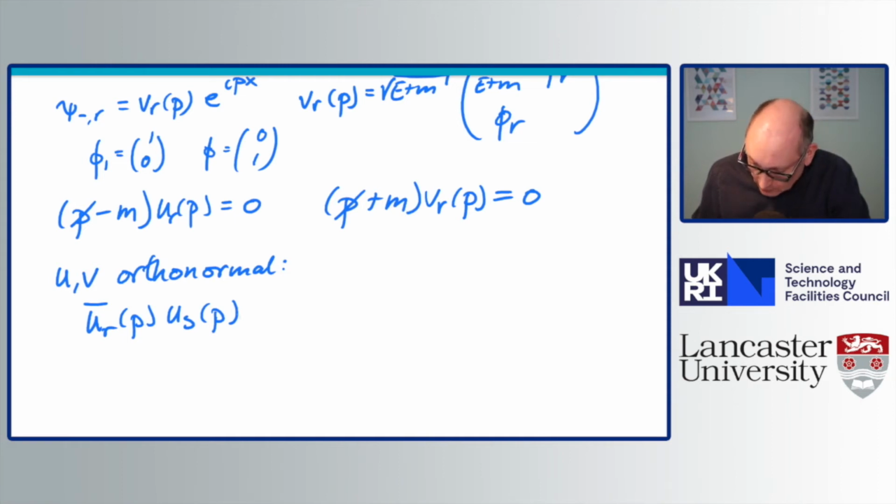So u bar r u s with the same momentum is equal to 2m, but only when the spinors have the same spin, which is true also for minus v bar r of p v s of p.